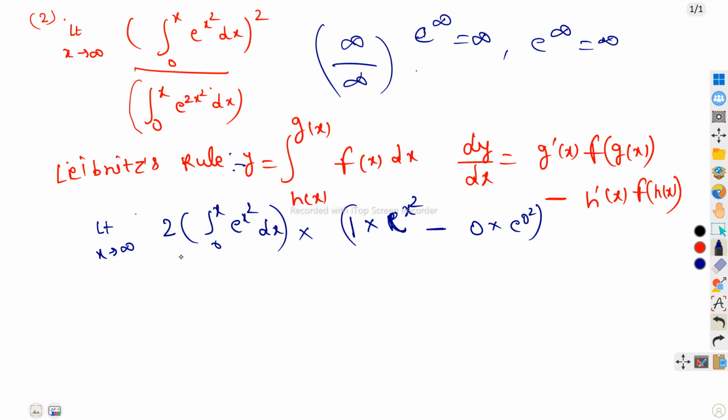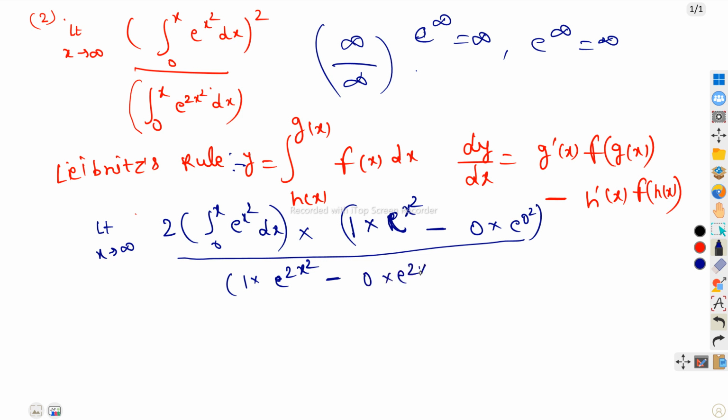And in the denominator we have the differentiation of x^2, which is 2x, and this becomes e^(x^2) times the differentiation of x^2 minus the differentiation of 0.